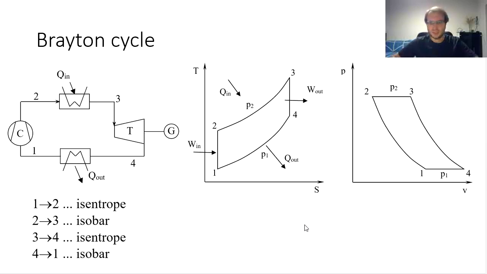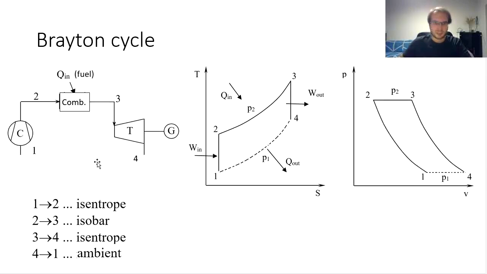This is the ideal representation of the Brayton cycle as a closed cycle, but typically in real applications we have an open Brayton cycle. What does it mean? We take the air from the ambient conditions, which is basically a huge reservoir at a certain temperature. Then we have the compression.